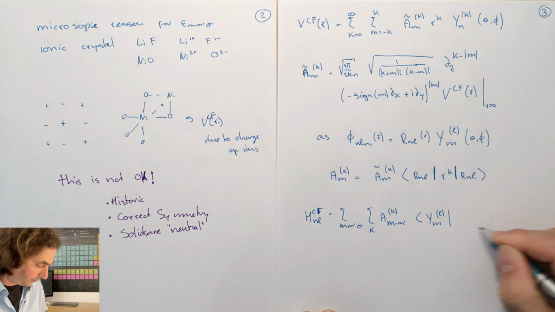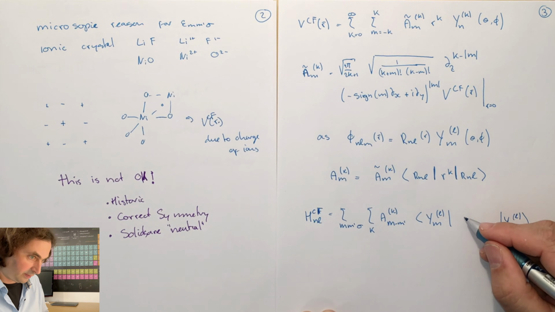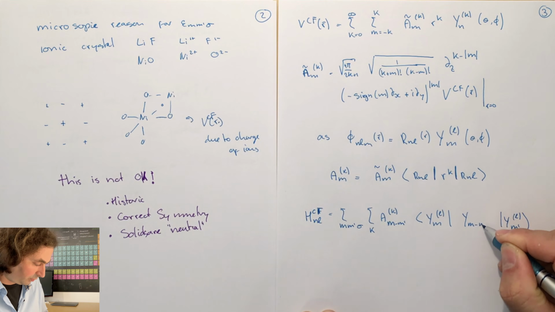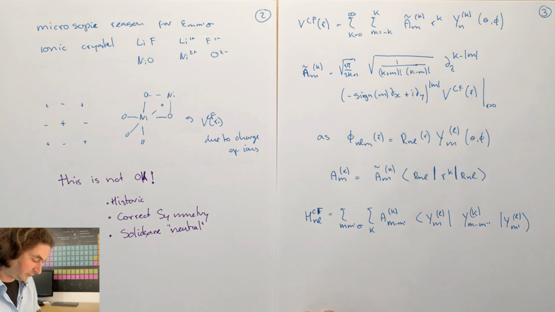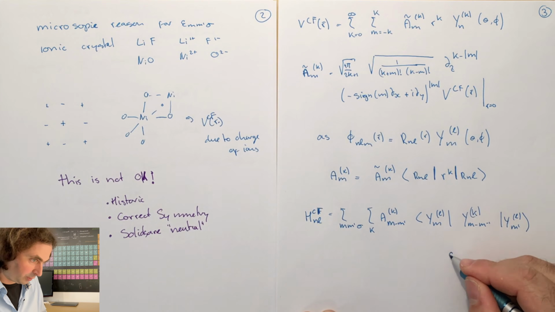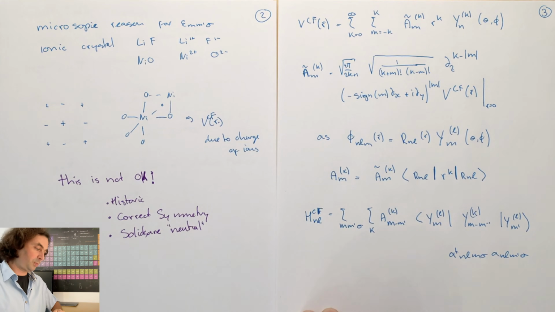We have our spherical harmonics at m prime and m, such that the interaction in between has to be m minus m prime at k. And this is multiplied with a dagger n l m sigma a n l m prime sigma, spin conserving.